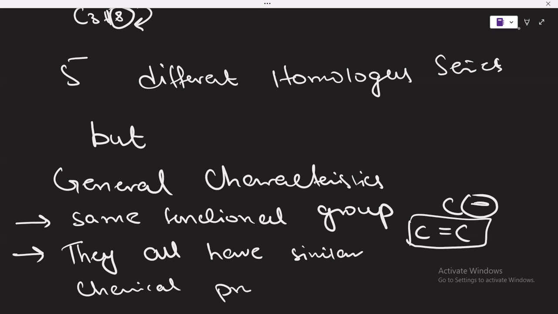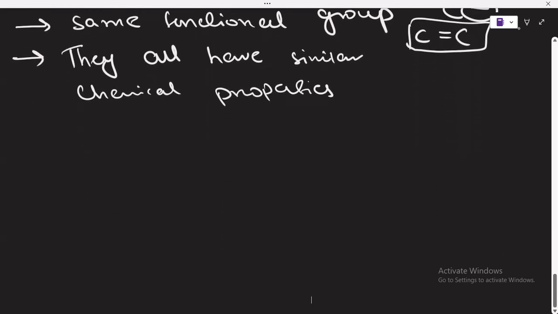chemical properties. What does this mean? Now this does not mean that all of the elements in the homologous series, let's say alkanes, alkenes, alcohols, carboxylic acid, and esters, all of them will have the similar chemical properties. No, this is for you to understand that here we are talking about individual series.